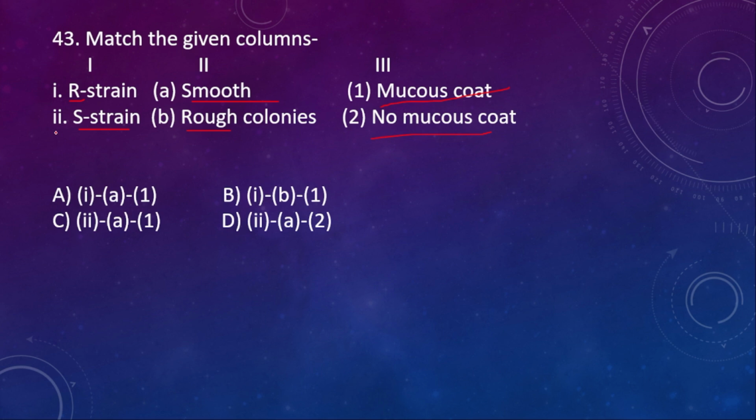So 2 is matching for A, and 1 is matching for B. Let me write: 2 is matching for A and then 1. So we have C.